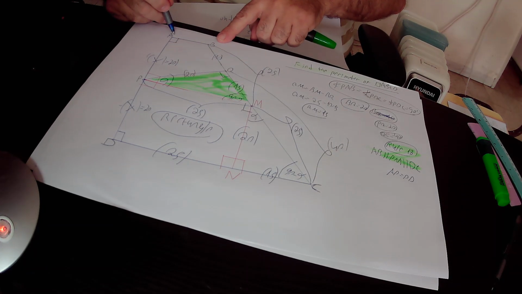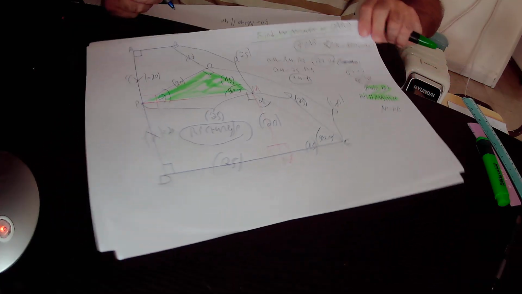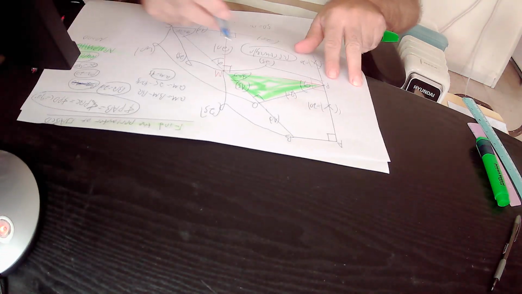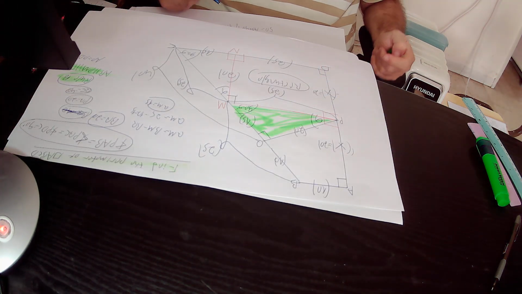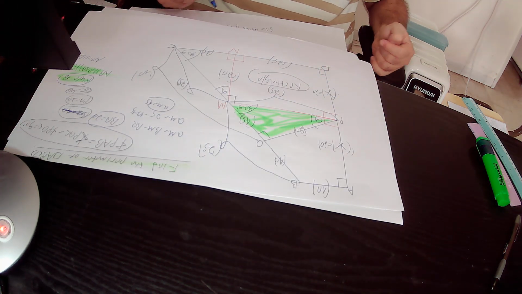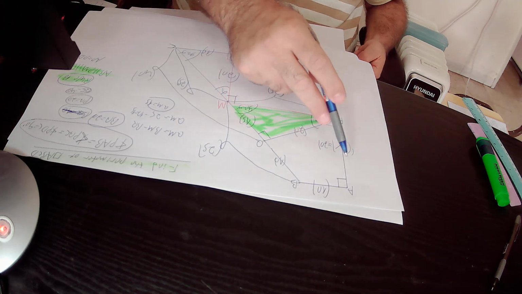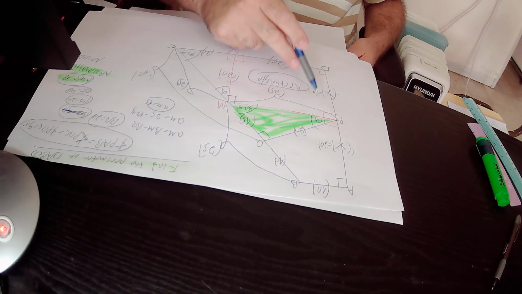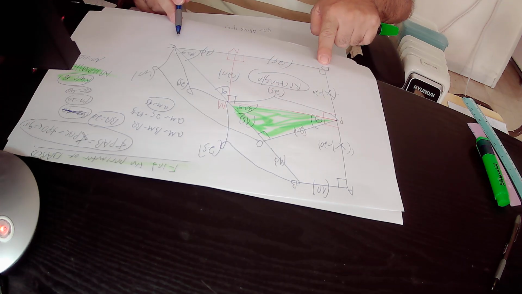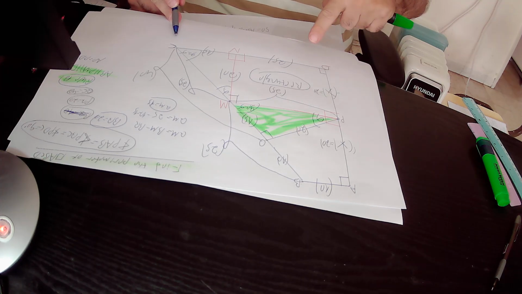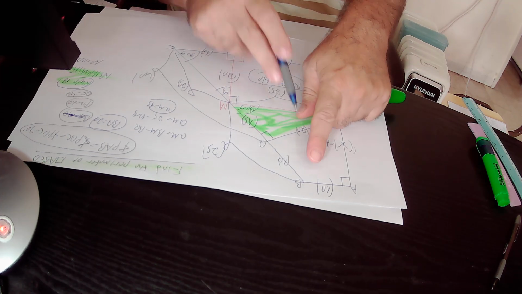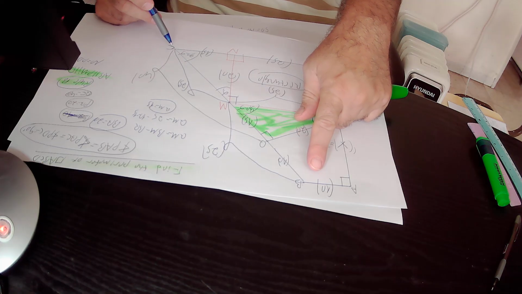This is the missing side AB. It equals 10 units in length. So the perimeter of quadrilateral ABCD equals AB, that is 10, plus AD, that is 40, 10 plus 40 is 50, plus DC, that is 40, 50 plus 40 is 90, plus BC, that is 50. 90 plus 50 is 140.